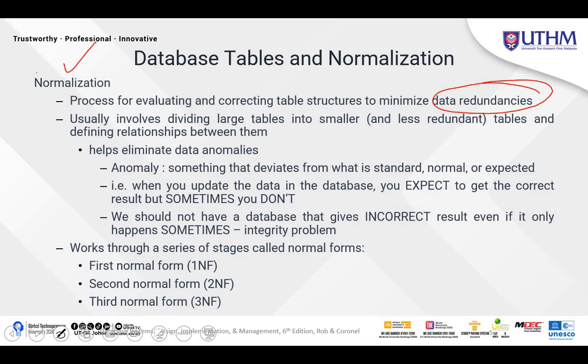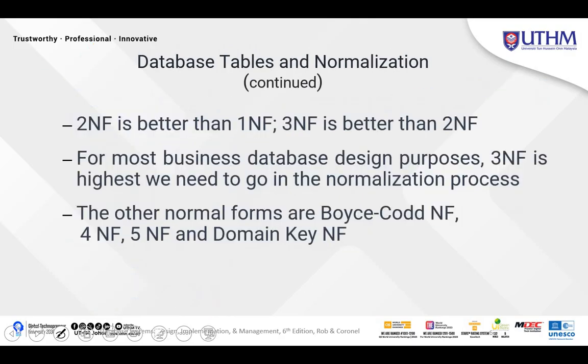We're going to work with three normal forms: the first normal form, second normal form, and third normal form. Actually, there are many other normal forms, but up to third normal form, the table already achieves a better minimized redundancy database.